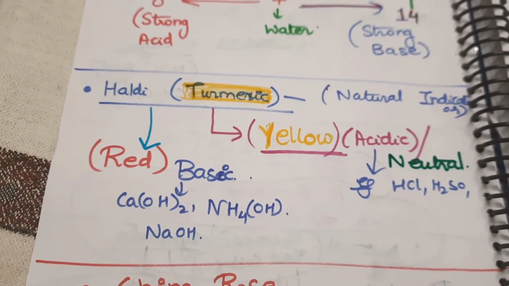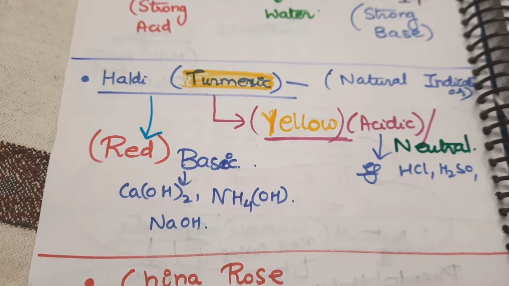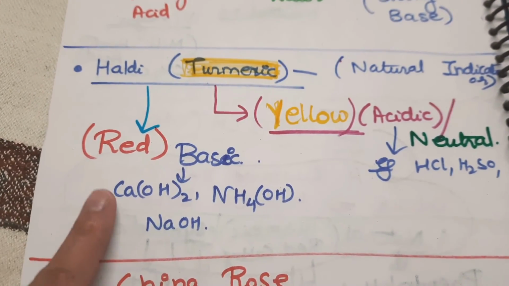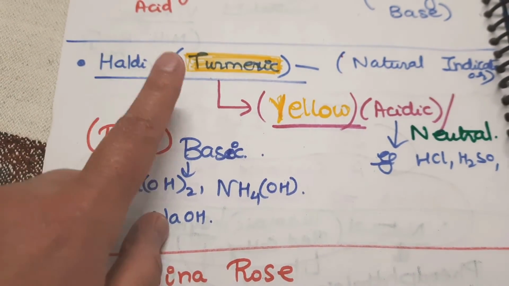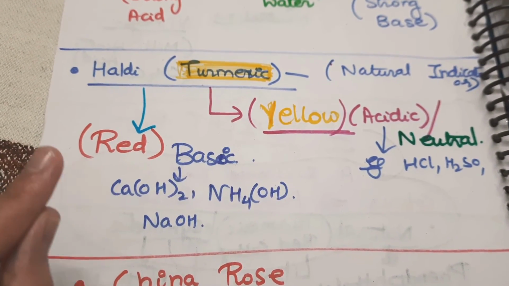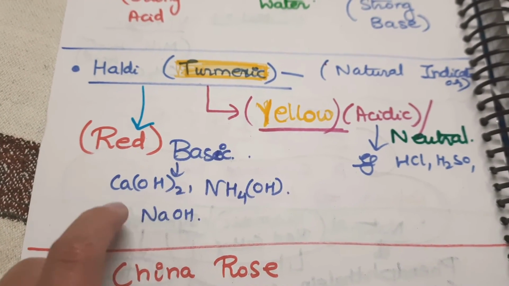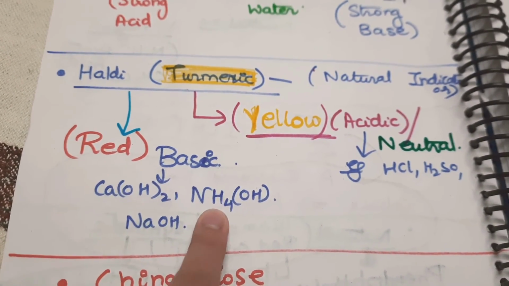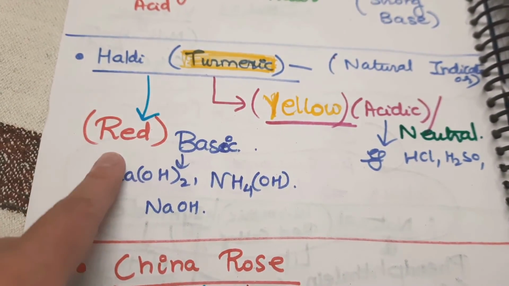So if you add turmeric into water and then add some detergent or soap, the water will turn red. You can do this experiment at home. Add turmeric into water and then a pinch of detergent, it will turn red. Also, bases like calcium hydroxide, ammonium hydroxide and sodium hydroxide will turn the turmeric red.